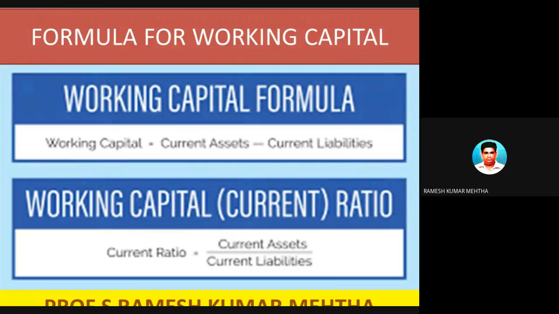So this is the formula which is used for finding out the working capital. Working capital is current assets minus current liabilities. Another way of putting it is as a ratio of current assets to current liabilities, that is, the total of current assets and the total of current liabilities.